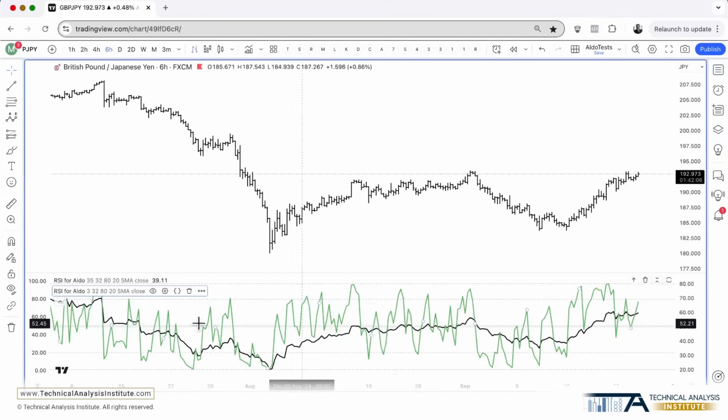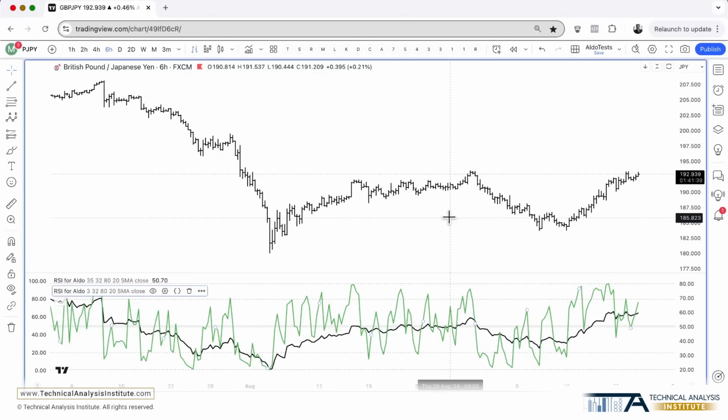Okay, and now you have the scale here, for the 3 on the left and the scale for the 35 on the right. It's that simple. And the signals that you get with this are invaluable. You will be amazed of how often you will be on the right side of the market.